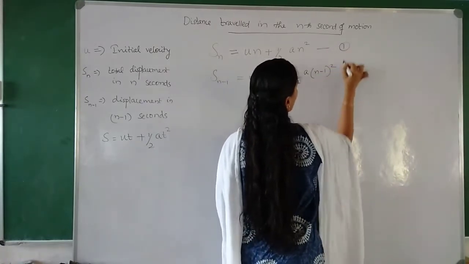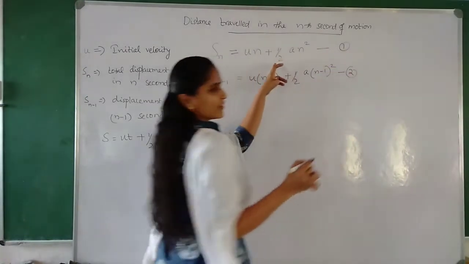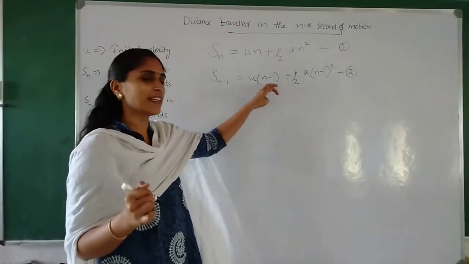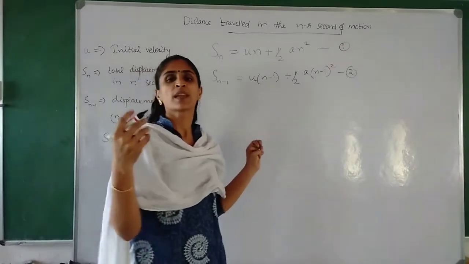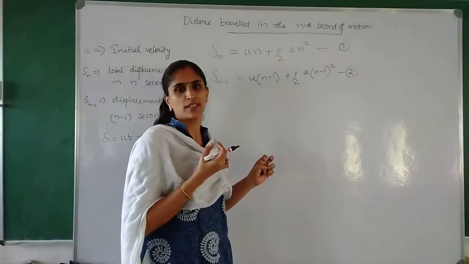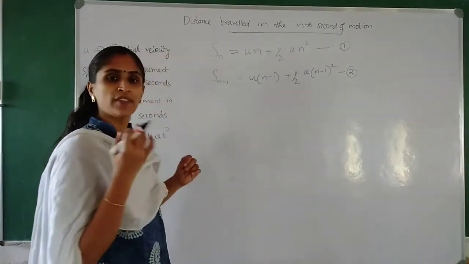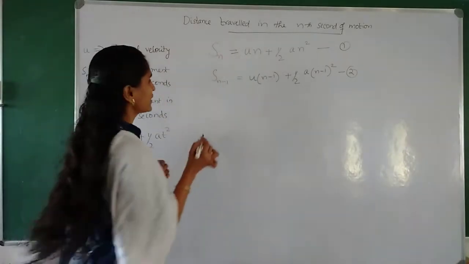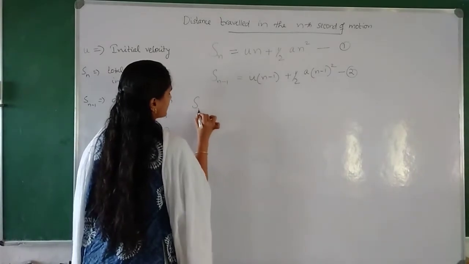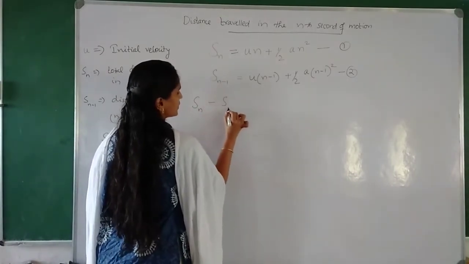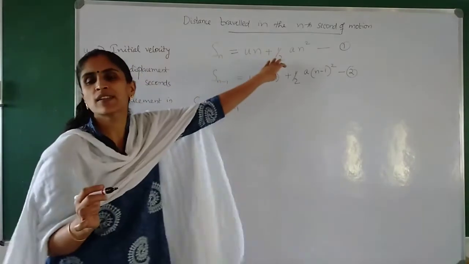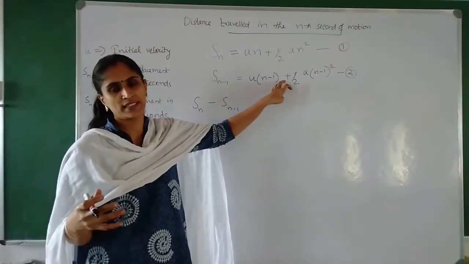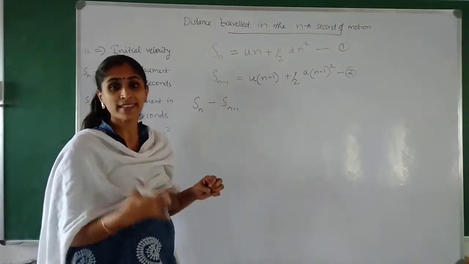Here, in the first equation, instead of t we substitute n, and in the second equation instead of t we take n minus 1, because that is the displacement in n minus 1 seconds. Now we have to find the distance travelled in the nth second. That can be found as Sn minus Sn minus 1. In n seconds it travels this much displacement, and in n minus 1 seconds it travels this much distance.